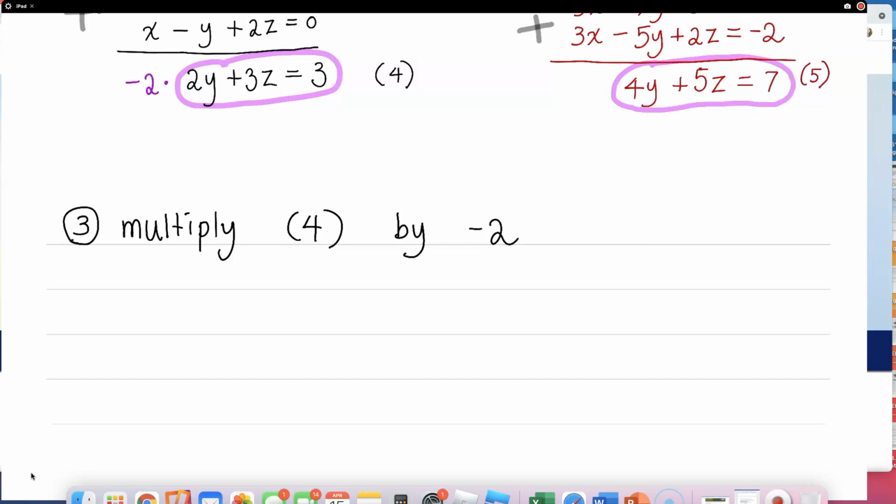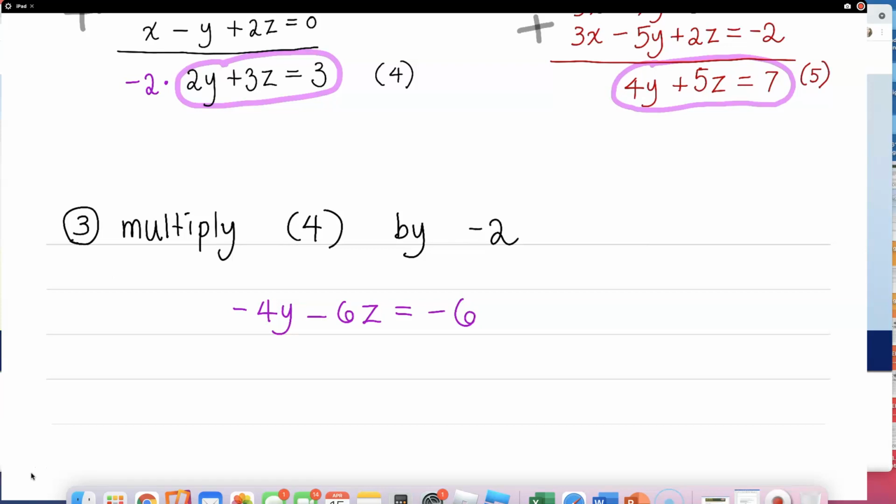If I do that, I will get negative 4y. But negative 2 gets multiplied to all the terms here. So the next term will be minus 6z, and that equals negative 6. Okay, that's good. And that was equation number 4, which got multiplied by negative 2, right?